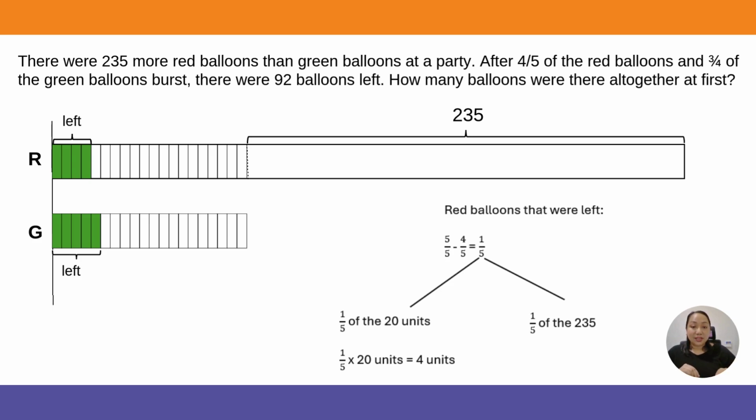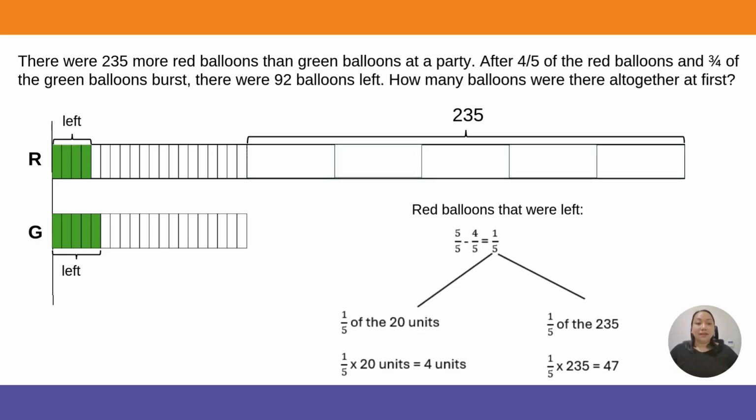One-fifth times 20 units is equal to 4 units. Let us color 4 units of the red balloons green and mark them left. Now, let us get one-fifth of 235. First, let's cut the bar that's labeled 235 into 5 equal parts.